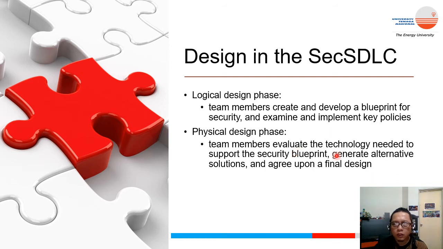And also, we see alternative solutions. Let's say logically we have designed this. It's the very best of designs, but physically it is not feasible because we have certain constraints. Our server is not powerful enough, or we don't have enough people to actually maintain the server. So we must have something in between the logical design and the physical design. What is the best solution that we can have with the current constraints that we have?